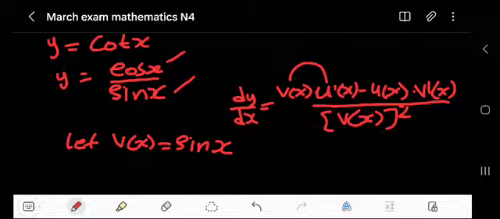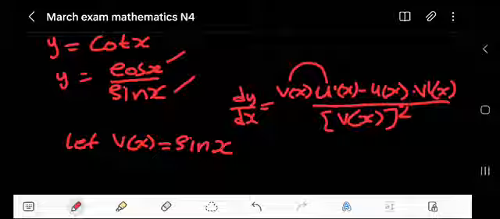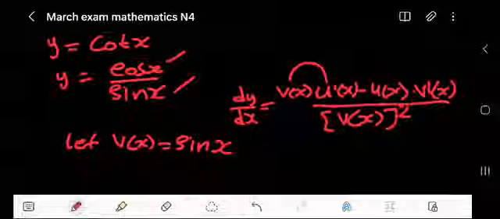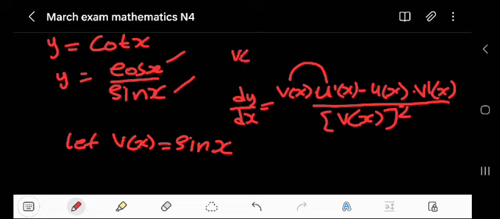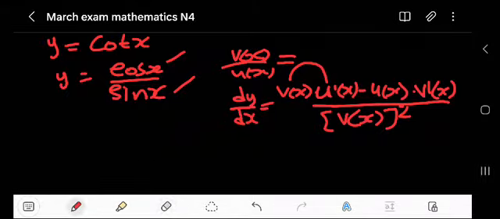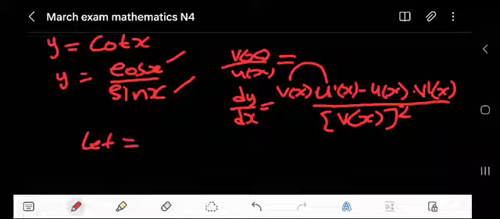Are we together? Then this is what you will have, like v of x over u of x. In the end it's up to you guys. Let me just let cos be the one.